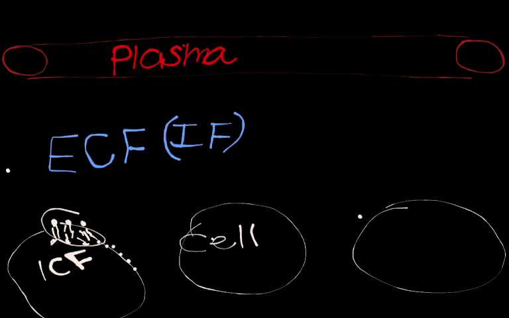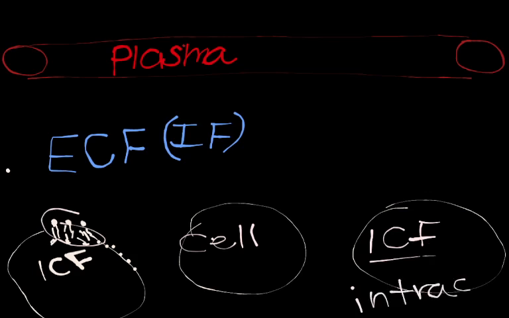That's what I drew poorly right here, so that you can remember that there is a plasma membrane surrounding each of these individual cells. And we can remember that the inside of the cell is called the intracellular fluid, which we abbreviate as ICF, intracellular fluid.